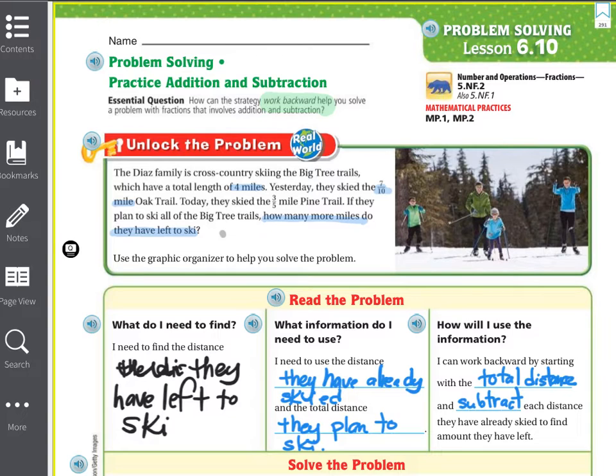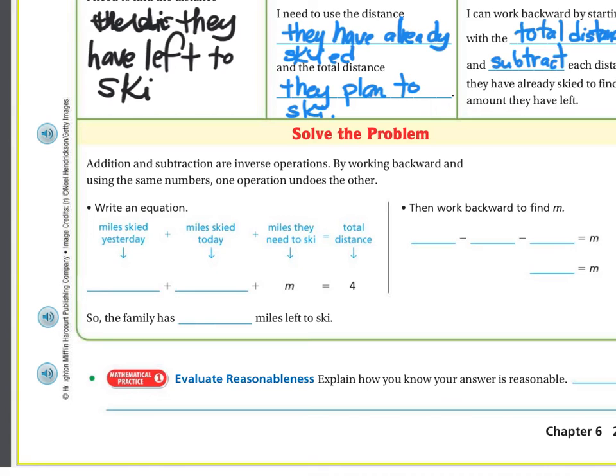If we're asking how many more, we know we're going to subtract. Addition and subtraction are inverse operations. That means that when we subtract something from an addition problem, we know that that's what was left over. So that's why we subtract to find out what was missing.